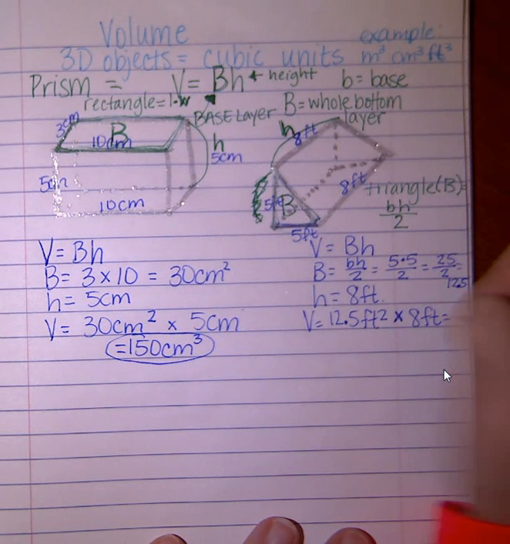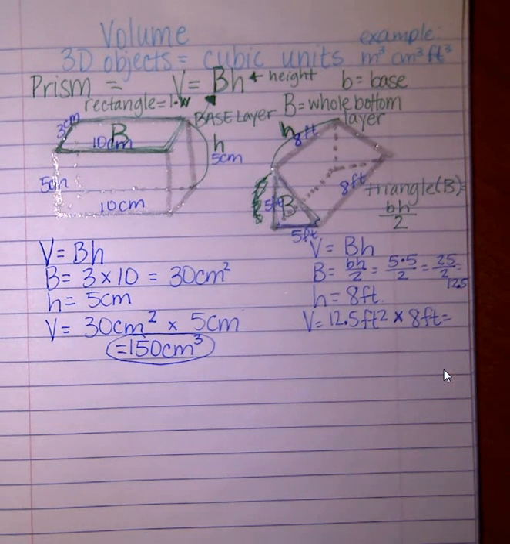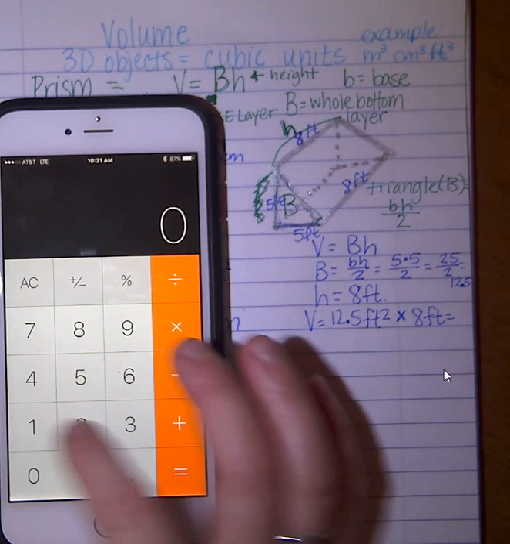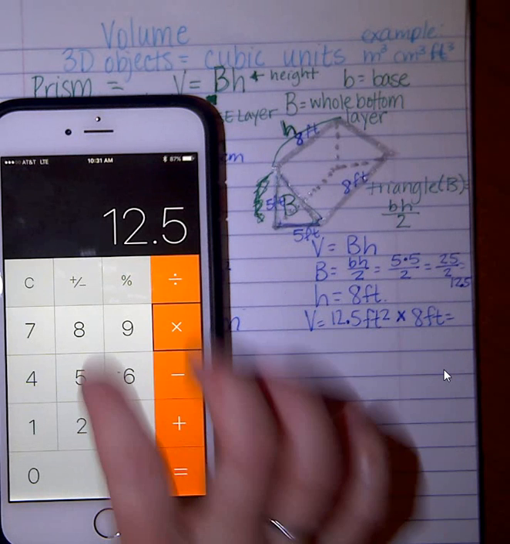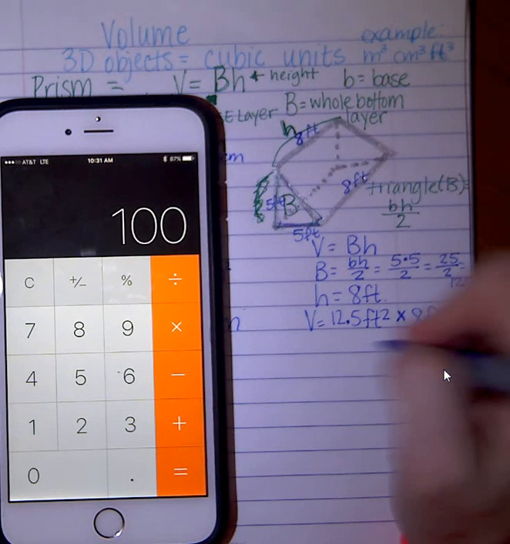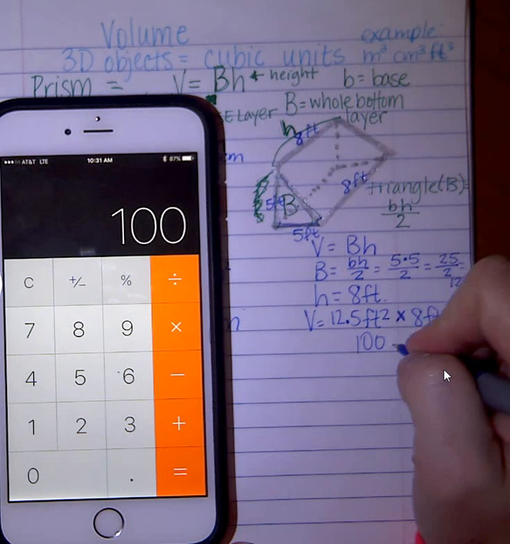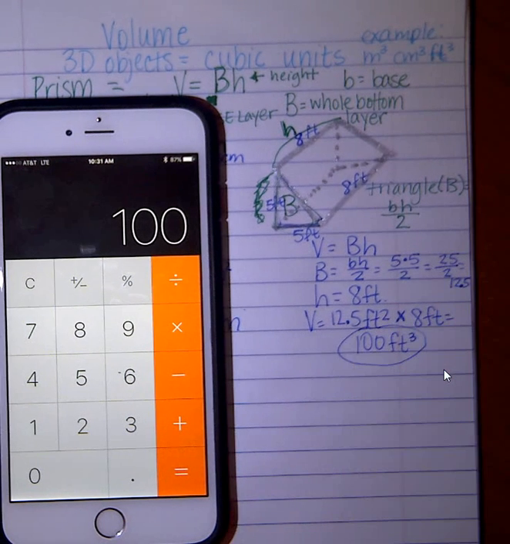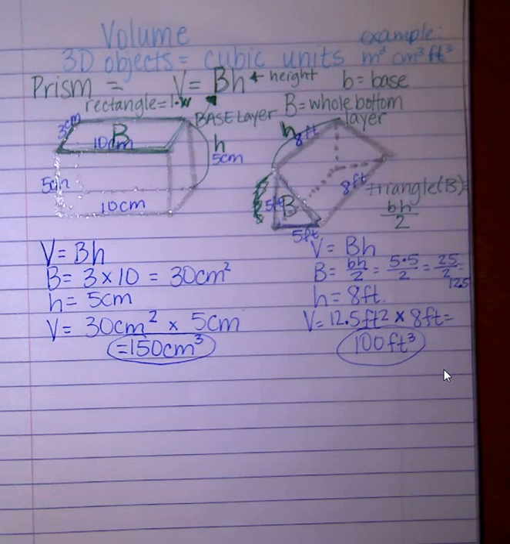That equals, let me get my calculator here, 12.5 times 8, 100 cubic feet even. So that's the volume of that triangular prism.